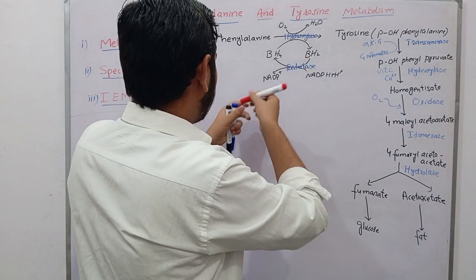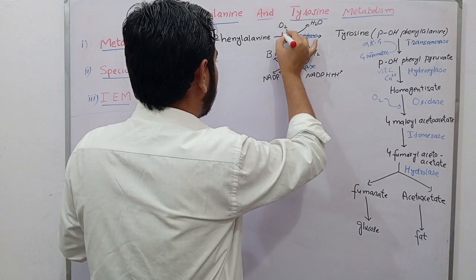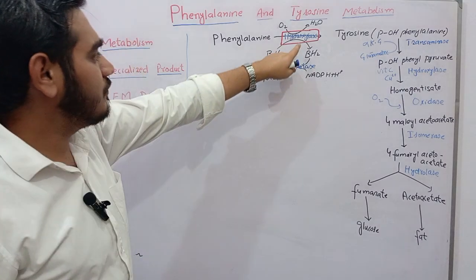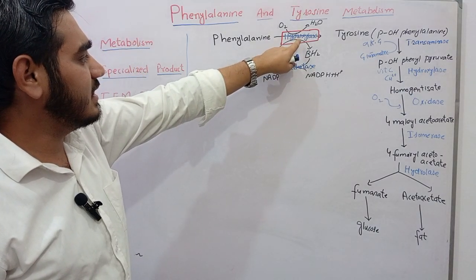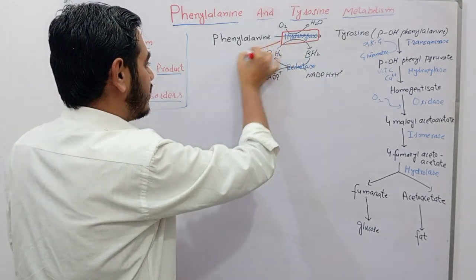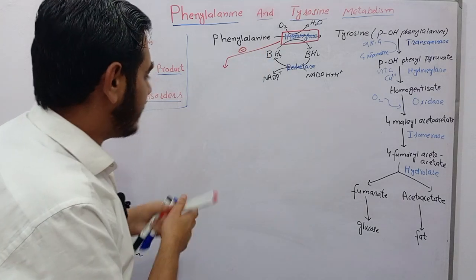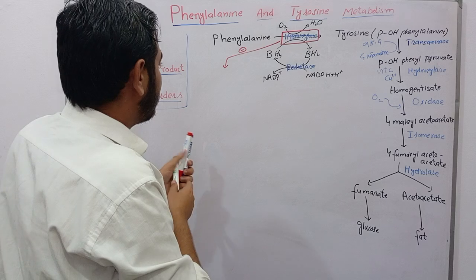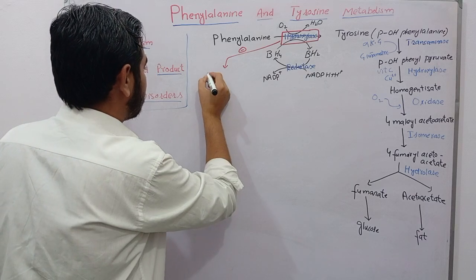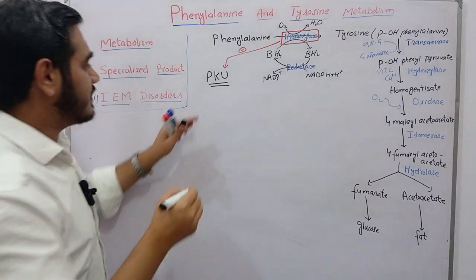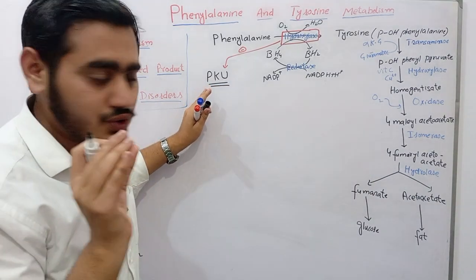The deficiency of this phenylalanine hydroxylase enzyme leads to a disorder, and that is phenylketonuria.